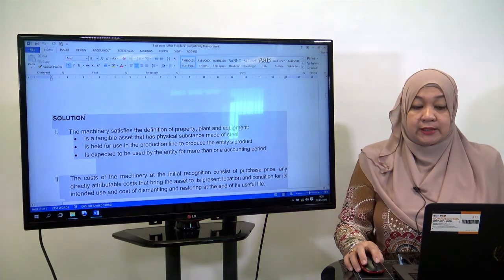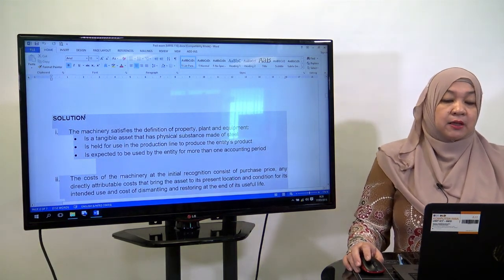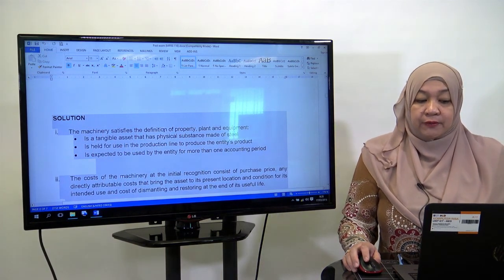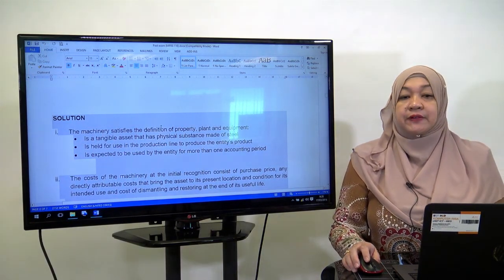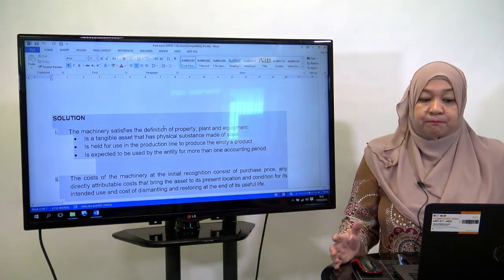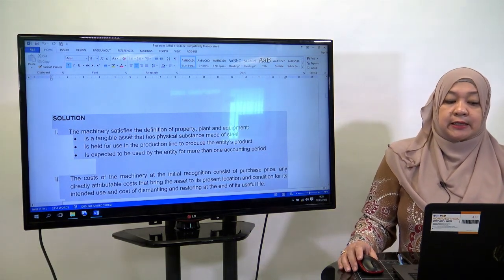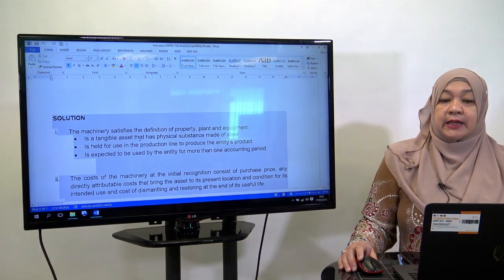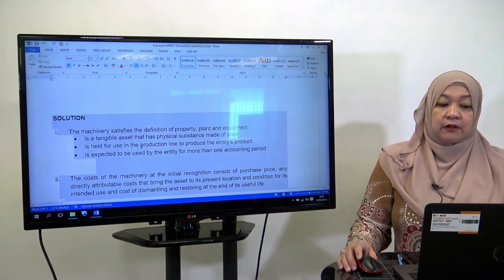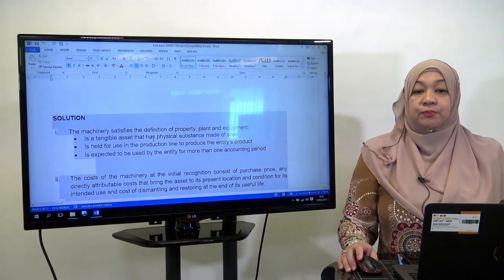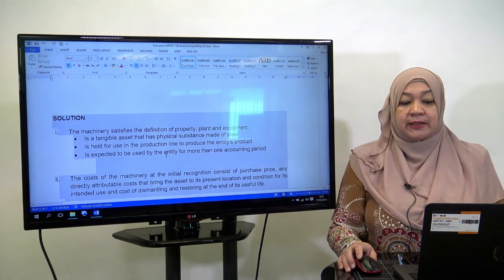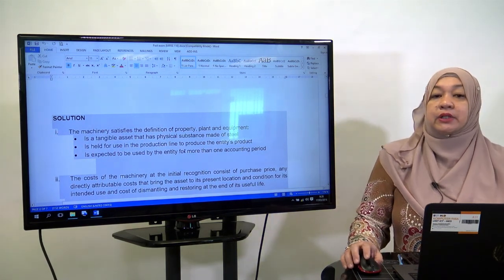If you can still recall what we have learned in the first part of MFRS 116, we have learned the definition of property, plant and equipment. PPE is a tangible asset that has physical substance, made of steel, and is held for use in the production line to produce the entity's product, and is expected to be used by the entity for more than one accounting period.